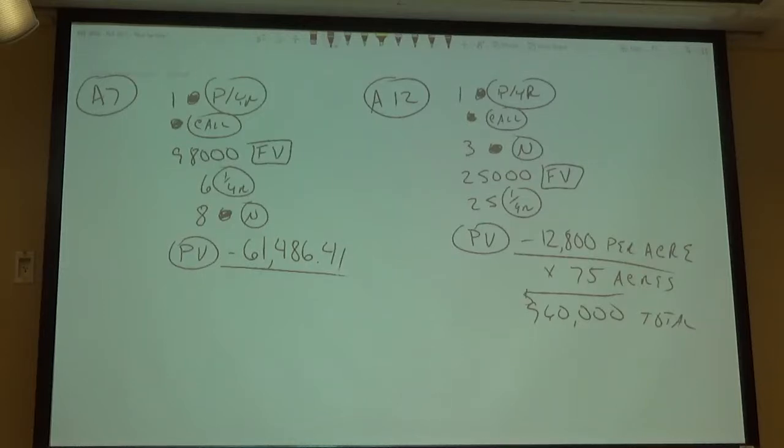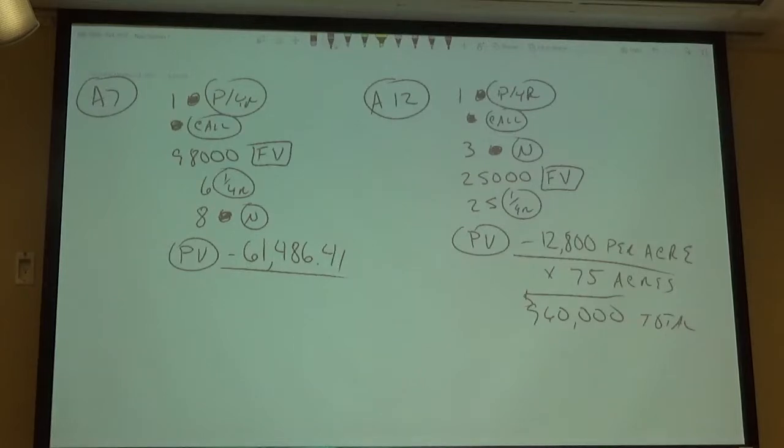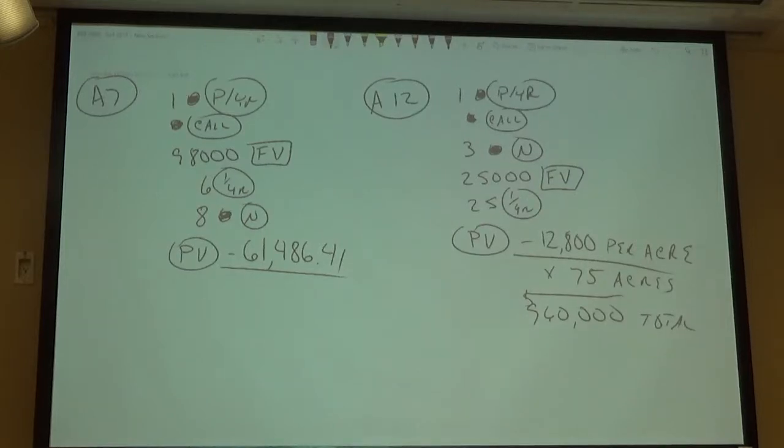Now, just out of curiosity, this is something every single developer should know. How many square feet are in an acre of land? 43,560 square feet per acre. I'll write that down, because you're going to need that at some point when you least expect it. 43,560 square feet in an acre of land.